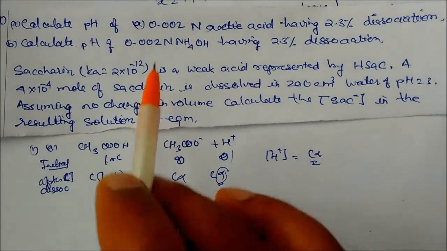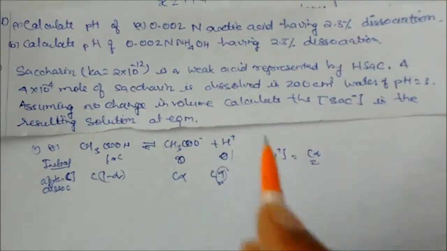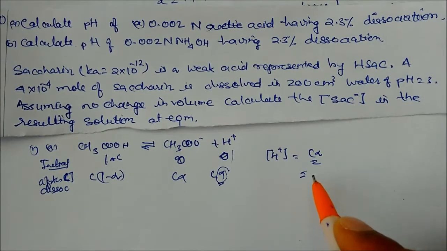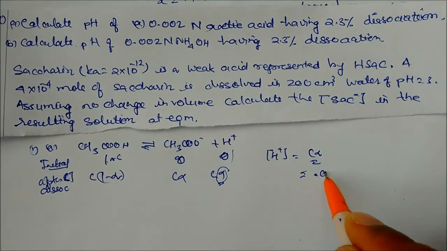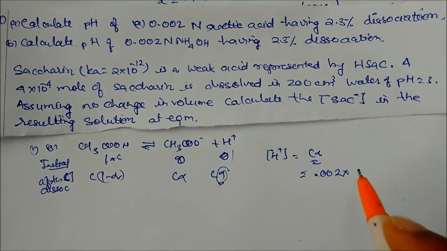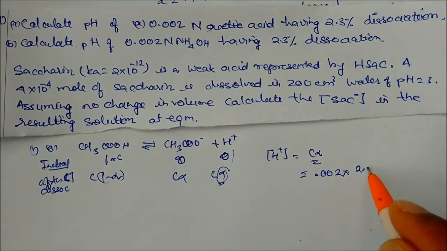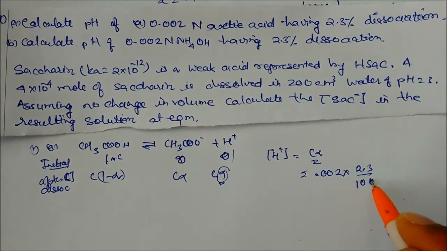C is given here, the concentration 0.002 of acetic acid. So H plus is 0.002 multiplied by 2.3 divided by 100.